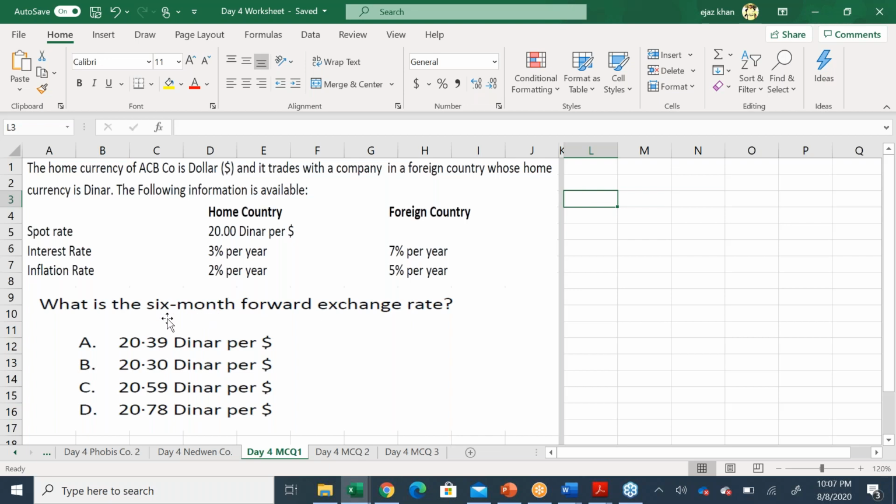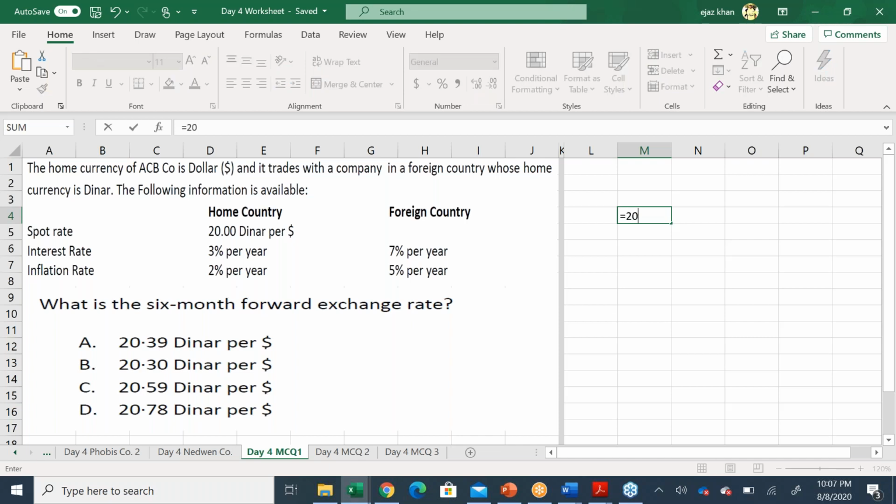We need to calculate the forward exchange rate for 6 months, right? So we need to pick the spot rate, which is 20. The spot rate is in dinars, right? So the dinar interest rate should be in the numerator.